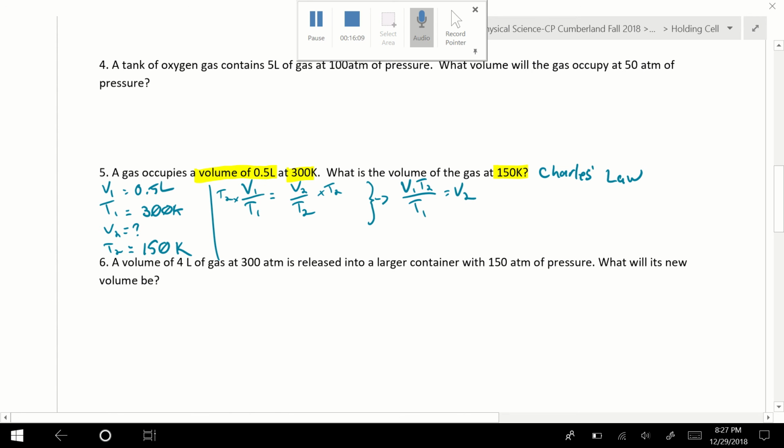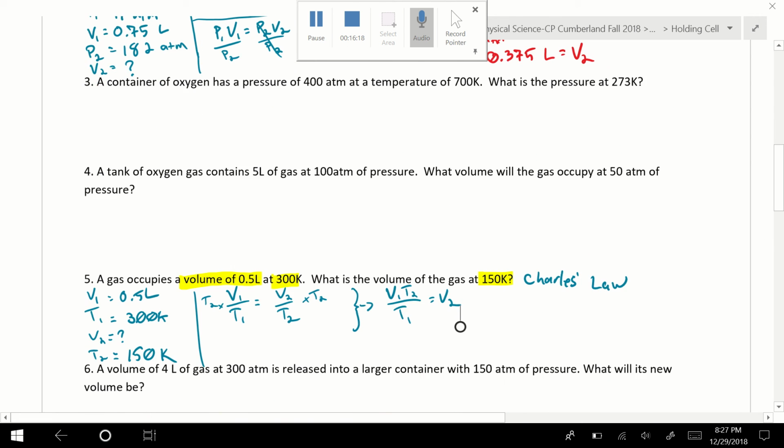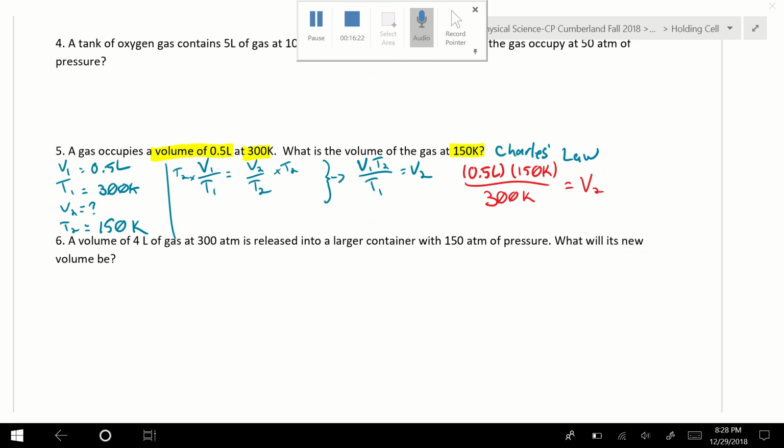And because the temperature went down, in this case you expect the volume to go down as well because, as Charles said, they're proportional. So real quick, I'll plug in my numbers. So we end up with 0.5 liters times 150 Kelvin divided by 300 Kelvin will equal volume 2. And that should come out to 0.25 liters.